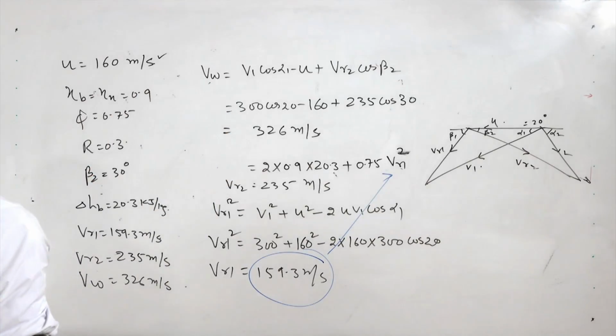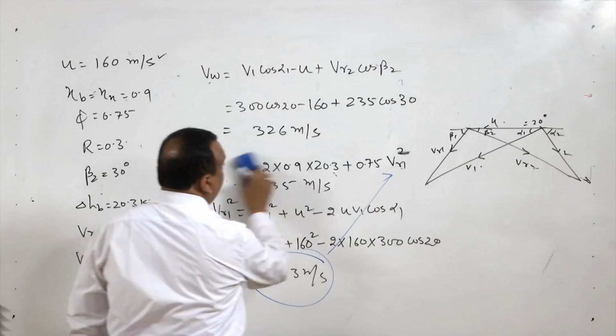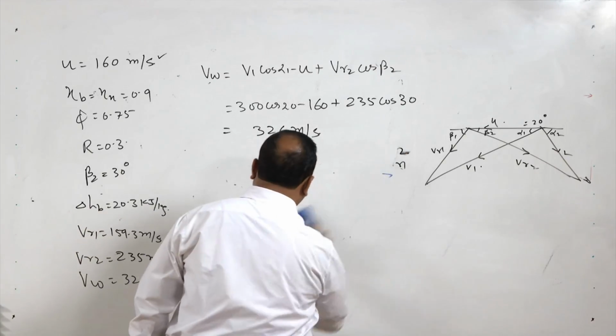Once we have the whirl velocity, we can find the work, multiplying VW with u, and get the work and enthalpy drop in the stage.